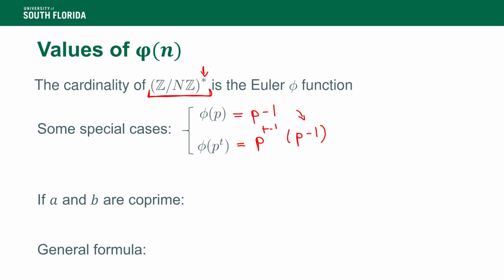And then if a and b are coprime, that's a very important one here, we have that phi of ab equals phi of a times phi of b.